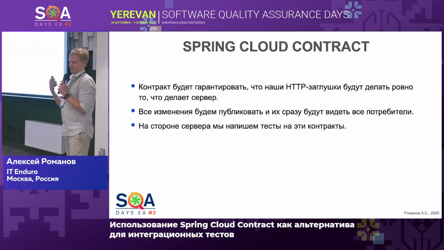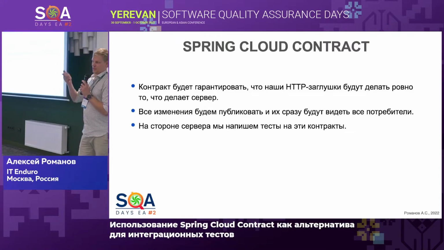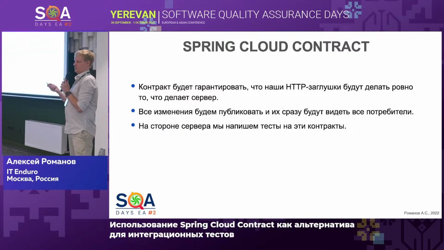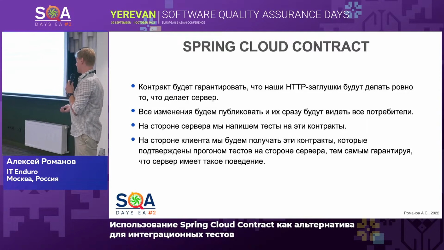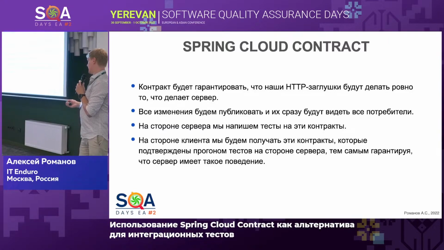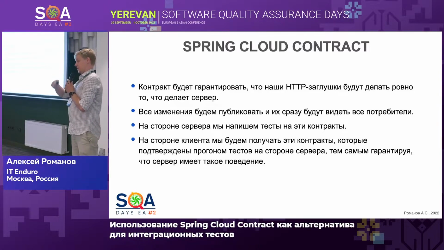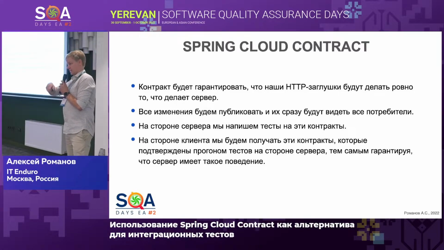The problem also is that the developer must know how the tests work. This is quite simple, like a Python test or a clean test, something that needs integrations and so on. On the client part, those contracts are confirmed by the fact that tests have been written.